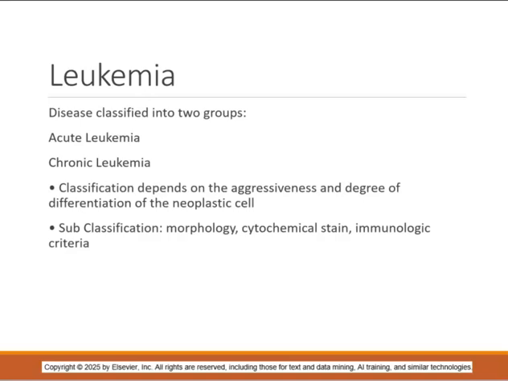And then once we get that classification, we look at what the cells look like, the morphology of it, and then some other kinds of testing that can be done, which we'll talk about: cytochemical staining, in other words, stains that we use to bring out certain special aspects of each cell, and then immunological staining, which is the clusters of differentiation, the CD markers.